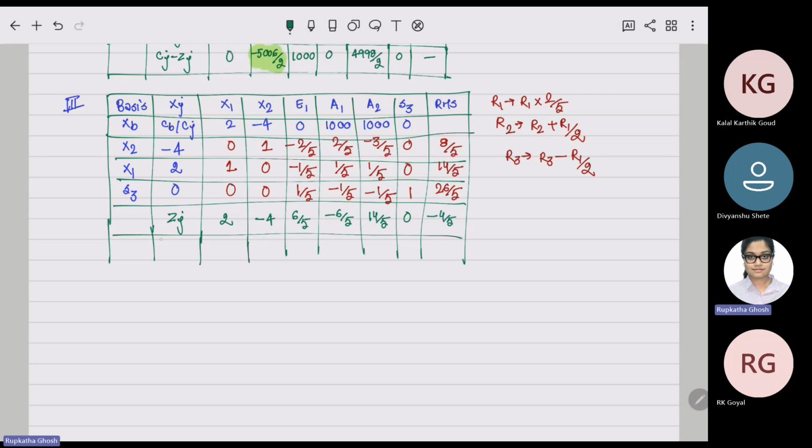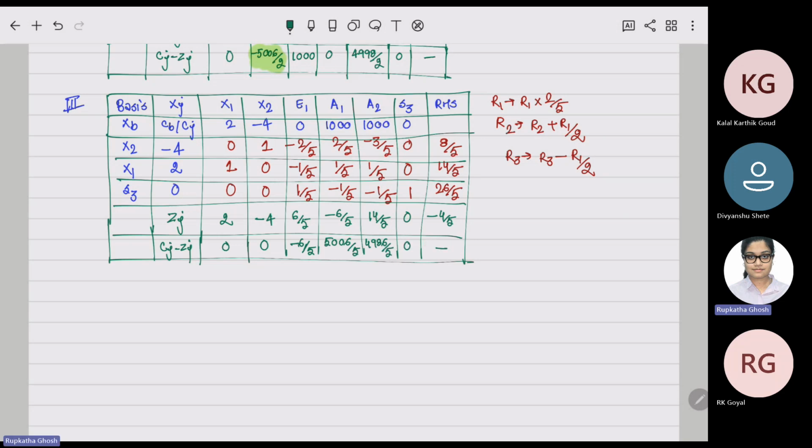And you have again Cj minus Zj. Now you see this is 0, this is 0, this is minus 6 by 5. This is 1000 minus of minus 5000 plus 6, 5006 by 5. 5000 minus 14 is 4986 by 5. 0.